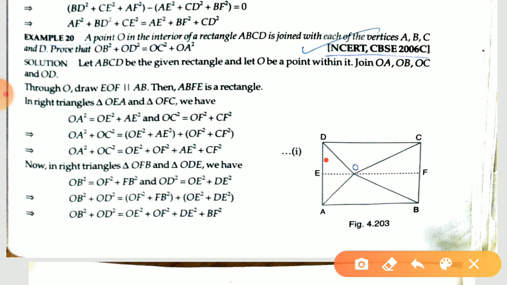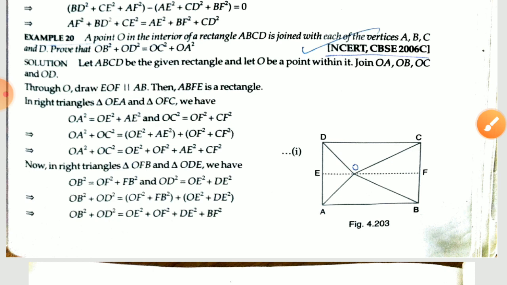Similarly, in this triangle we will see that OD square is equal to OE square plus DE square, and now adding these equations we get OB square plus OD square is equal to OF square plus FB square plus OE square plus DE square, and in this way we can write OB square plus OD square is equal to OE square plus OF square plus DE square plus BF square.